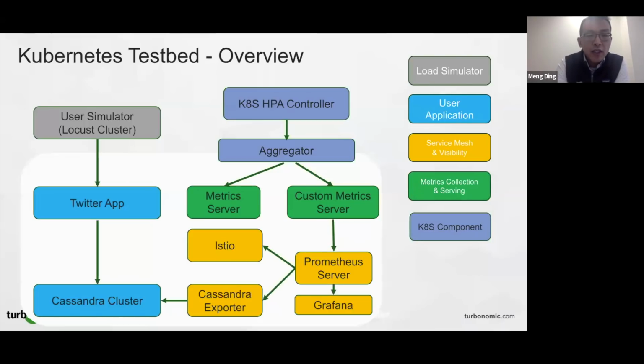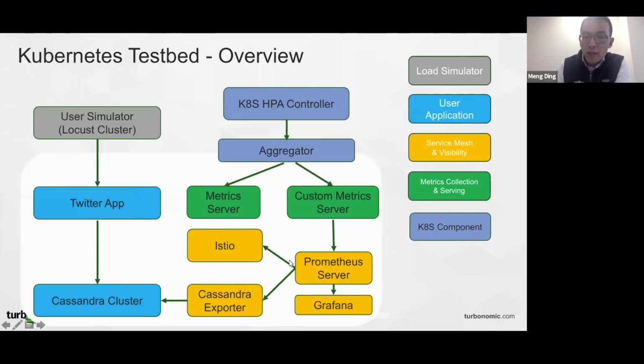And finally, the user simulator is achieved by launching a Locust cluster. We use the Locust cluster to simulate user workloads. You can specify different patterns and different numbers of users. We will present our results a little bit later.